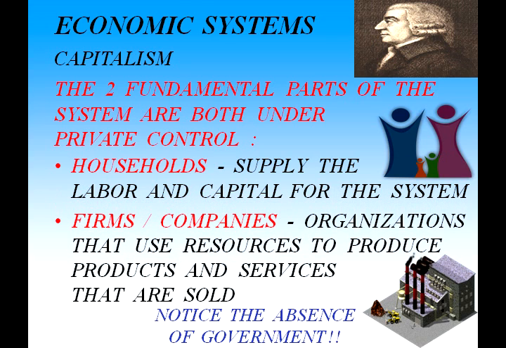The other part are the firms or the companies or the businesses in the system. They're organizations that use the resources, labor, factors of production, so forth, to produce the products and services that are sold to the households.